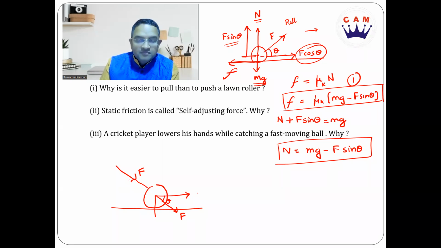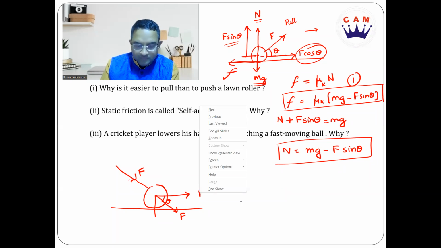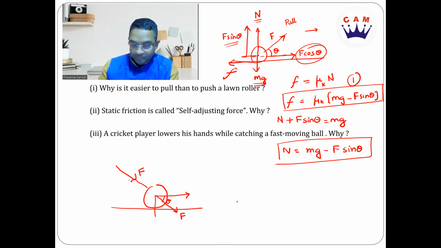Then what is this component? F cos theta. Now F sin theta is in which direction? Downwards.